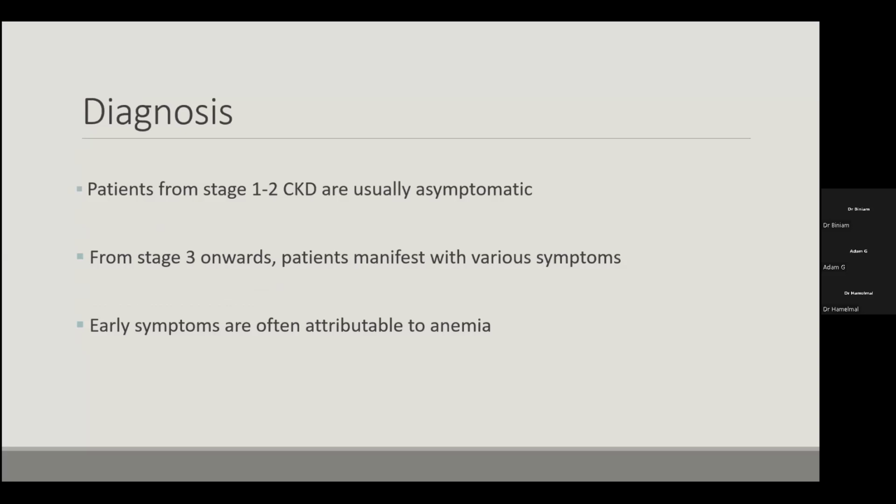I will summarize most of it because it's very extensive to work up patients with CKD, and there is no such variation with stage. So for all patients, there are some things we should do. I will focus on those rather than on specific pathologies.